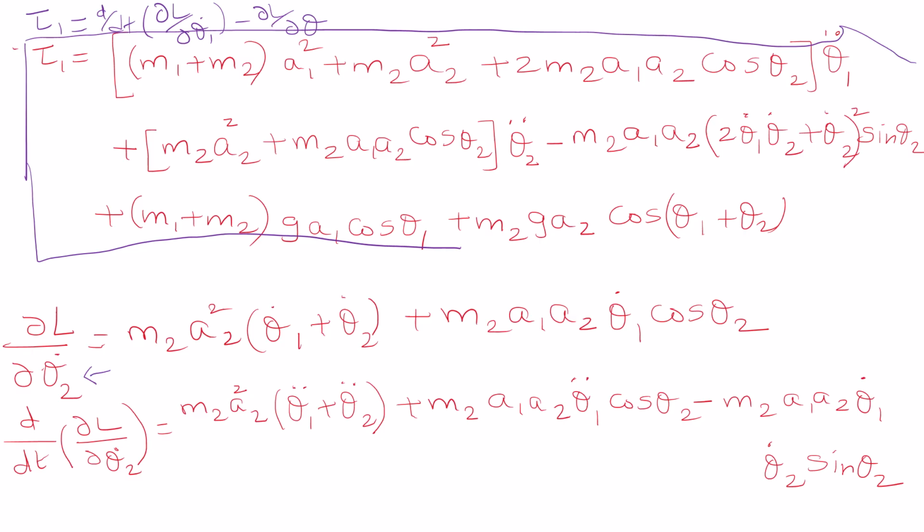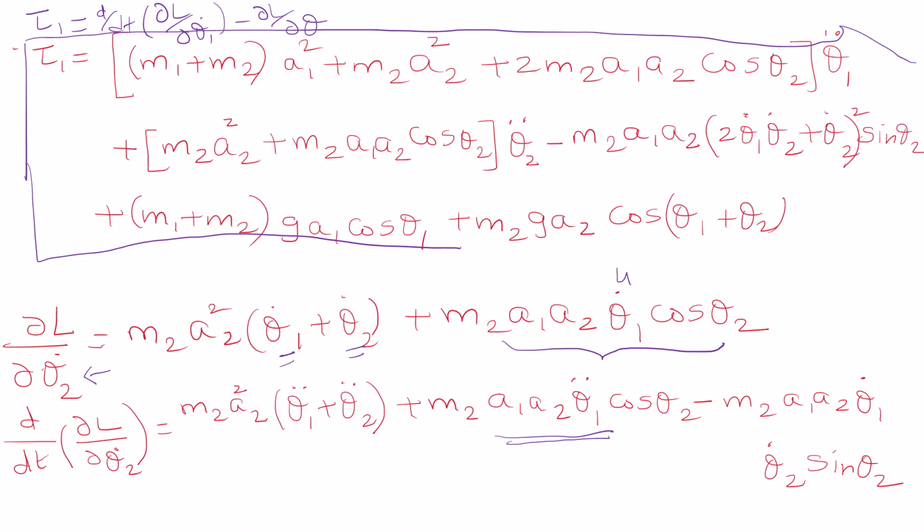In the same way, you also have to get d/dt of ∂L/∂θ2 dot. When differentiating, θ1 dot will become θ1 double dot and θ2 dot will become θ2 double dot, right? And this is in UV form, so you first differentiate with respect to u.